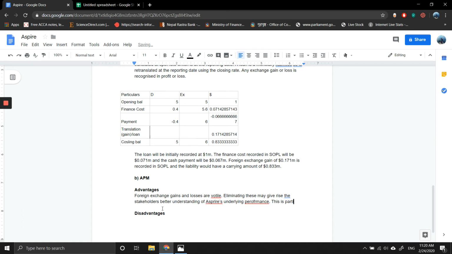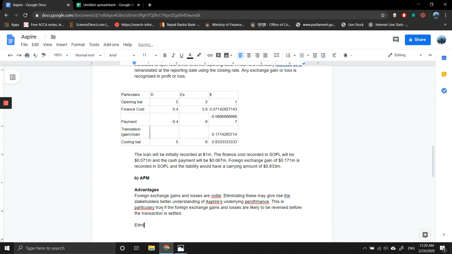This is particularly true if the foreign exchange gains or losses are likely to be reversed before that transaction is settled.